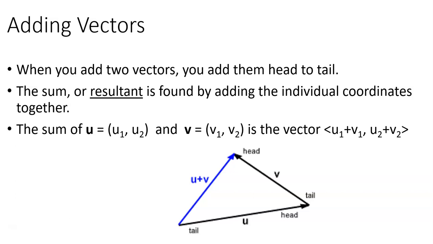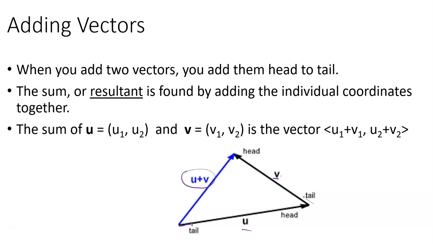And it really is as simple as adding the two x coordinates together, adding the two y coordinates together. And so in the picture that's down the bottom, I'm adding vector u to vector v. So if somebody's pulling this way and somebody else is pulling that way, where does the piece of furniture go and how far? This is the resultant. That vector that's in blue is u plus v.